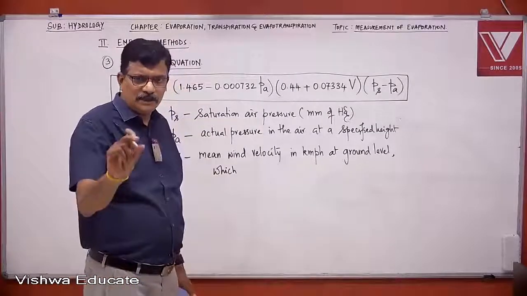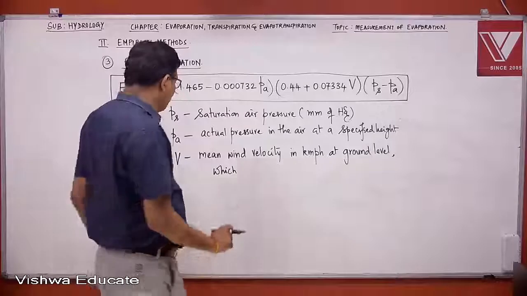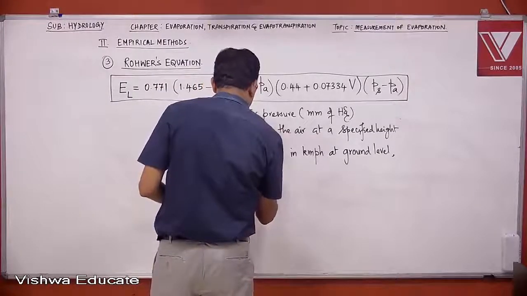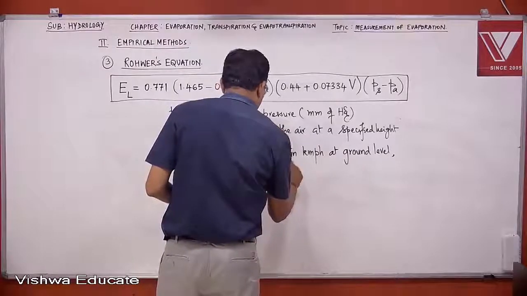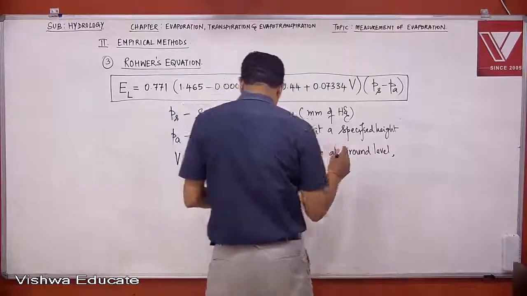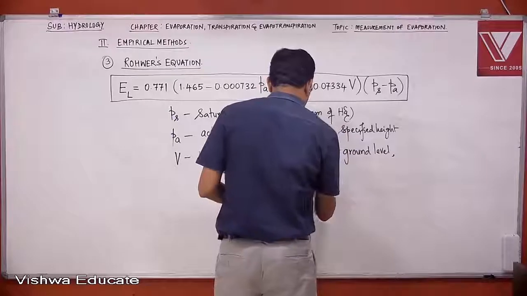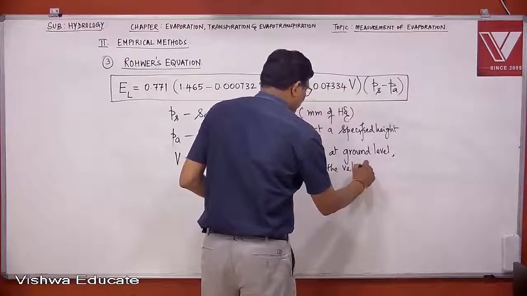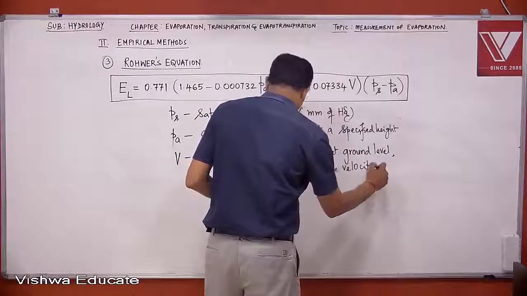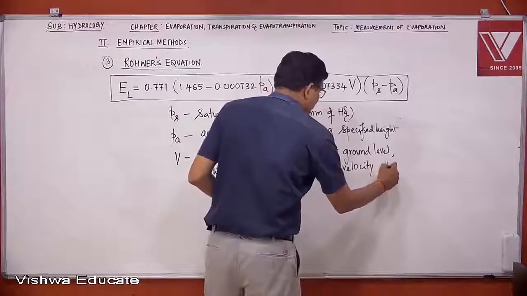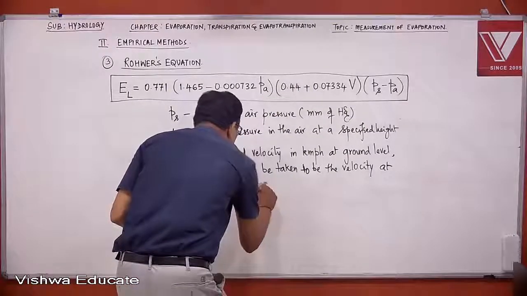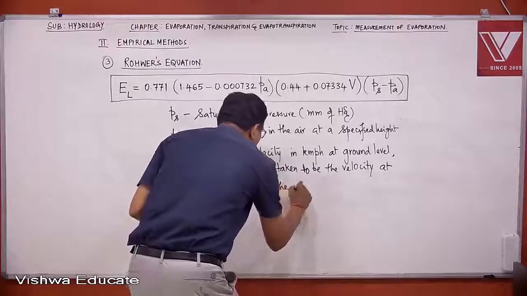No, this is a slight height above the ground level, which can be taken to be the velocity at 0.6 meters above the ground.